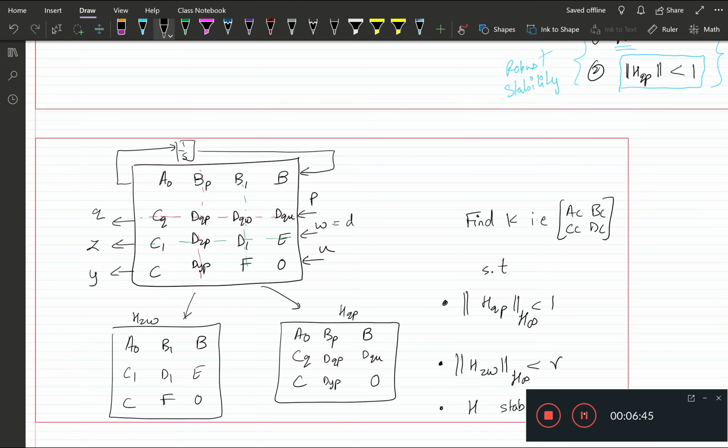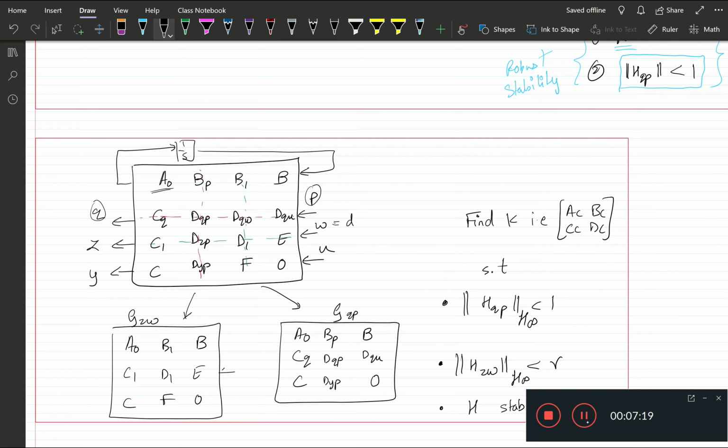So these matrices are known to us. Note that we have A0 here because we have pulled out the uncertainty in the QP channel. So from these matrices we can easily define the HZW system and the HQP system. Sorry, this should be GZW because this is still open loop, the GQP system. So these are still the open loop GZW and GQP systems.